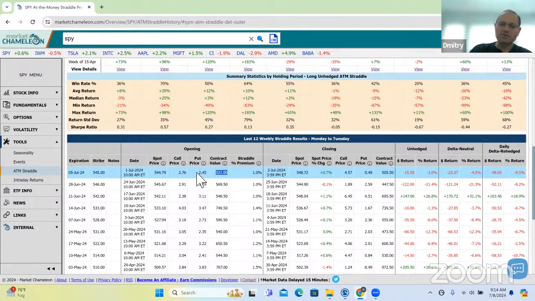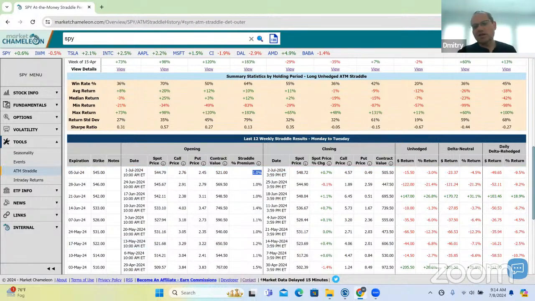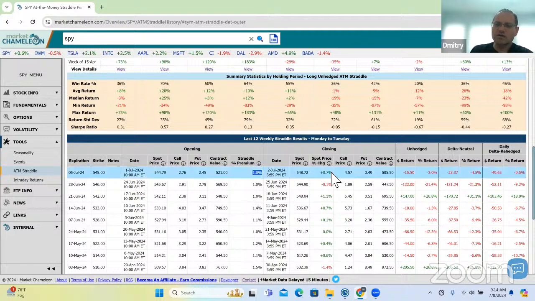The total value, if you bought one call, one put, $521. So it's suggesting a 1% premium above spot price. So if we took the premium above spot price 1%, you can see that the stock moved 0.7%.